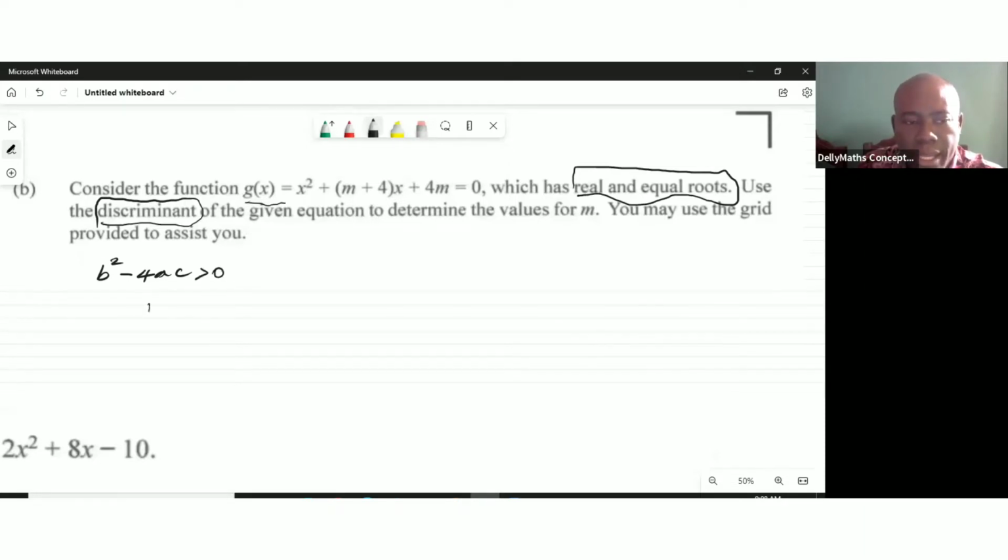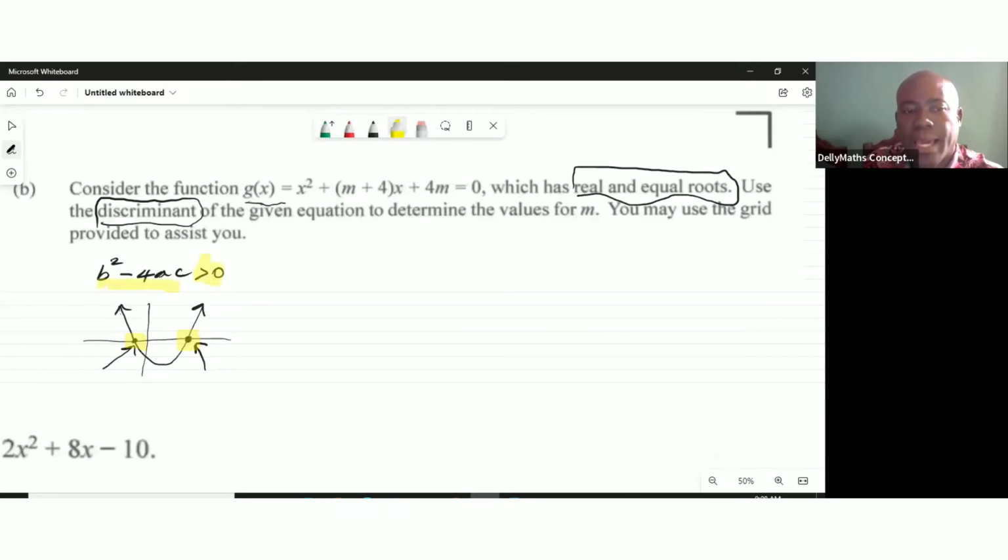And when the discriminant is greater than 0, we will have 2 distinct roots. So you might have a case like this, where the graph crosses the x-axis at 2 distinct places. So you could see there are 2 different values. This occurs when the discriminant is greater than 0.